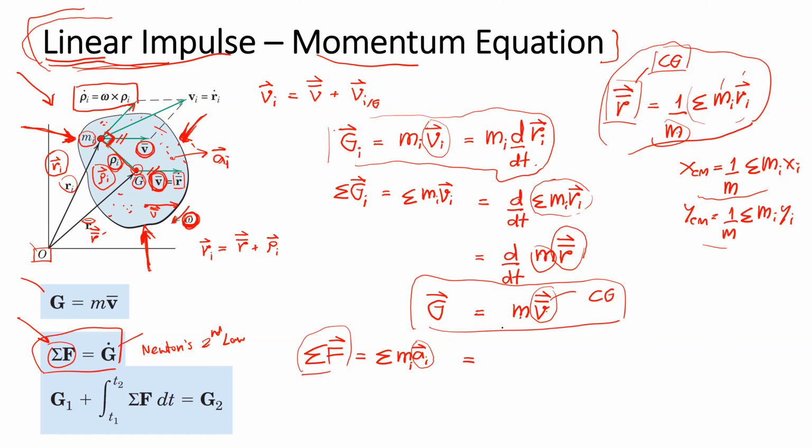And with the same consideration here, the summation of small mass with acceleration ai can be represented by the total mass of the rigid body multiplied by the linear acceleration of the CG. Bar means we are talking about the acceleration of the CG.